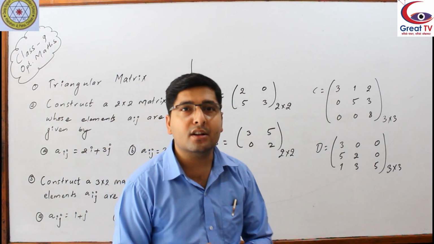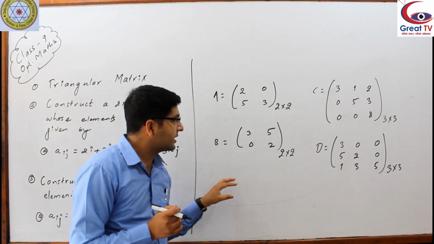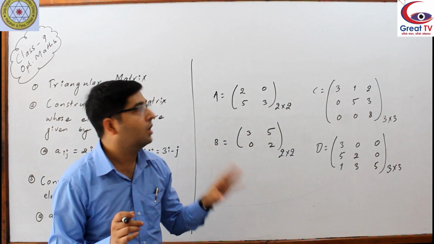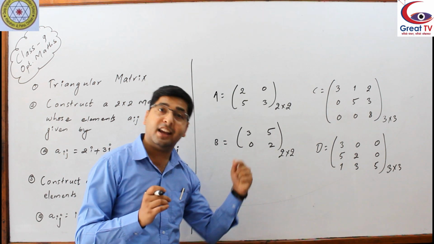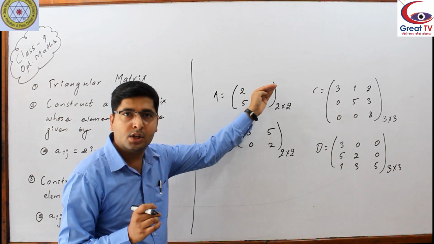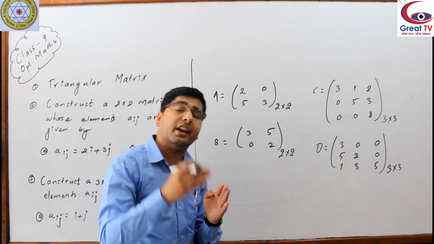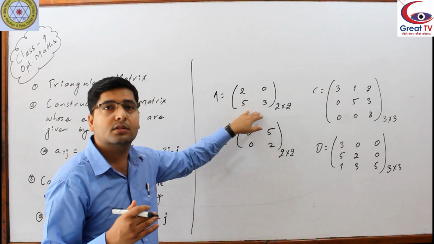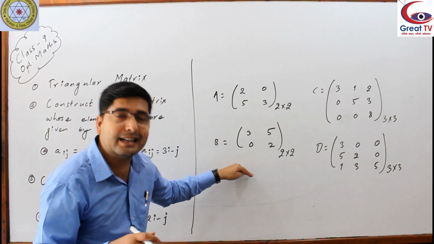So, you can define a triangular matrix this way. Those square matrices, you can see here A, B, C, D, all matrices are square matrices. So, those square matrices in which every element above the leading diagonal is 0, or below the leading diagonal is 0.